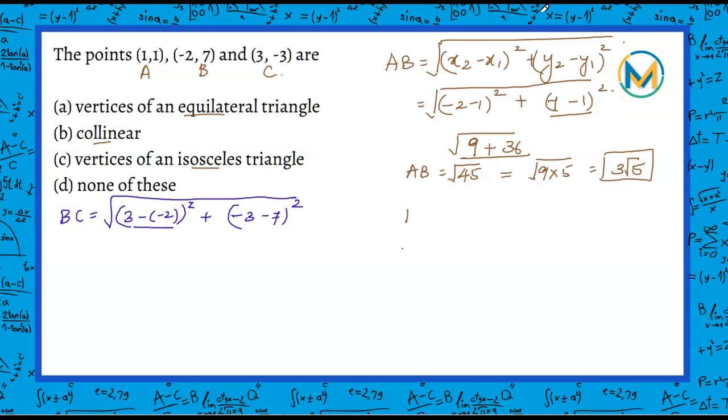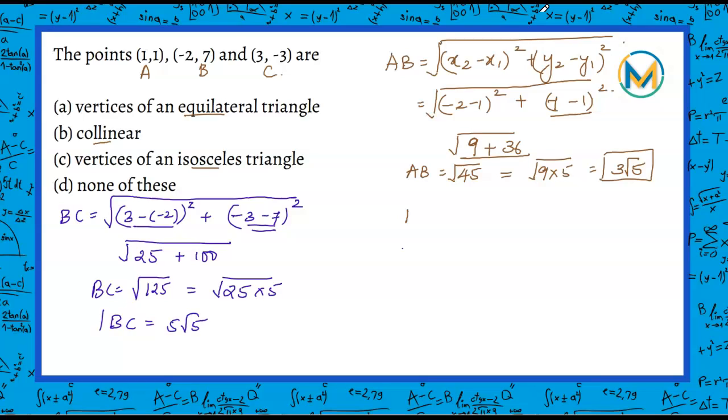So this becomes 5. 5 square is 25. This becomes 10. 10 square is 100. So this becomes 125. BC becomes root 125. This can be written as 25 into 5. So BC becomes 5 root 5.